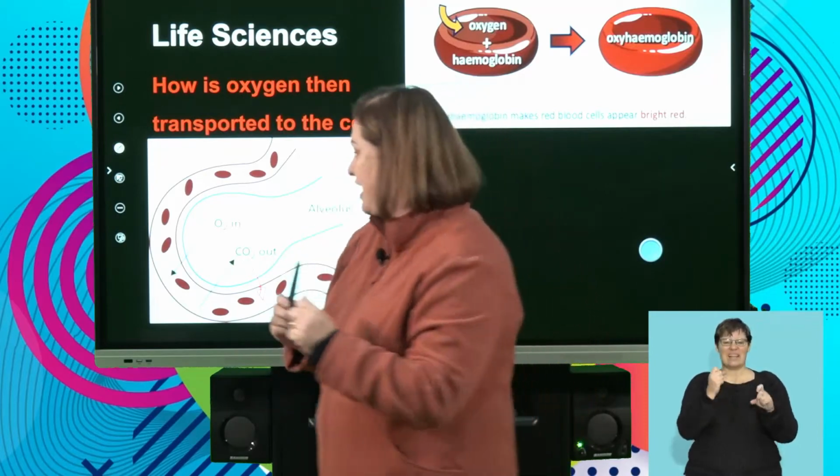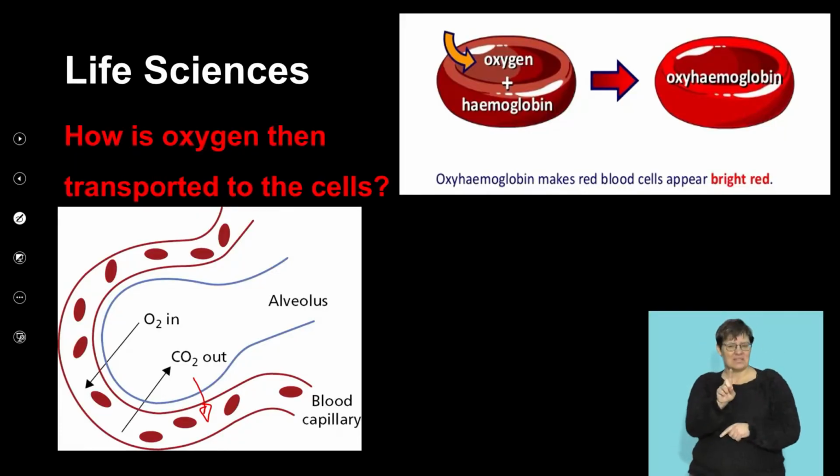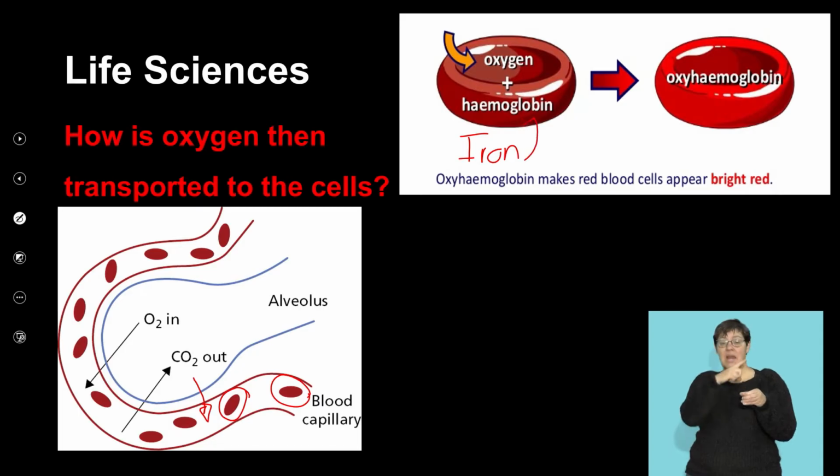Now, what are those carriers? Do you see these red little discs over here? These red little discs are called red blood cells. Now, inside this red blood cell, there's an iron pigment called hemoglobin. Oxygen and hemoglobin are besties, all right? This is how oxygen is going to be transported.